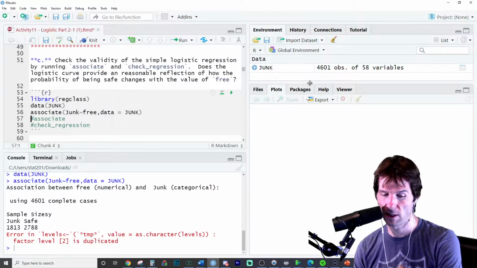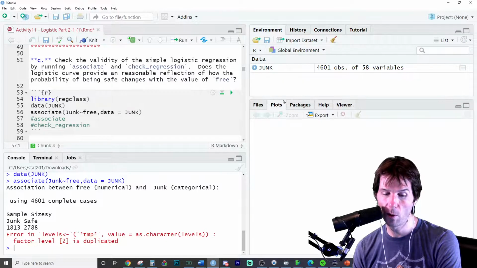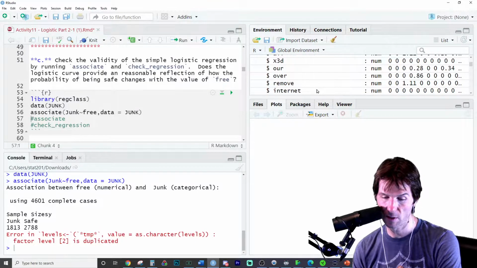Oh, it's just saying no. Let's look into that. Associate should have run. Check the validity of the regression. We have everything properly spelled. Y tilde x, comma, data equals. Associate should work. I'll be. As categorical. Oh, is it really? I think I know what it's mad about.